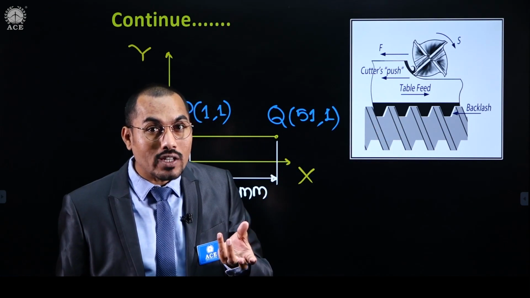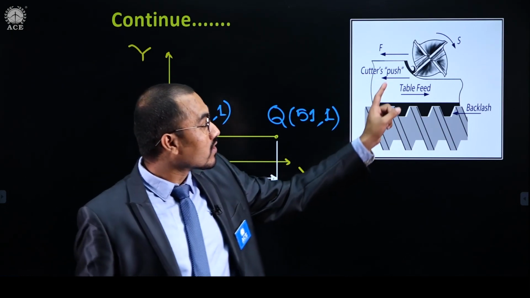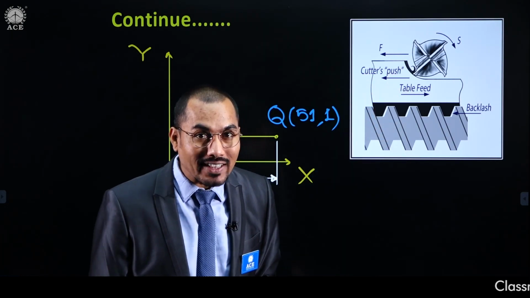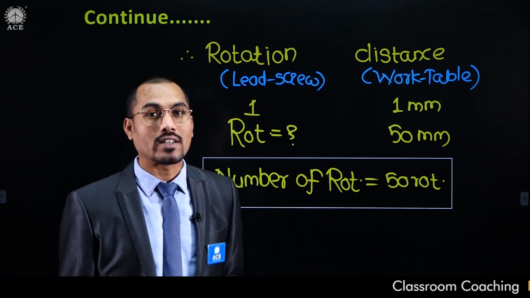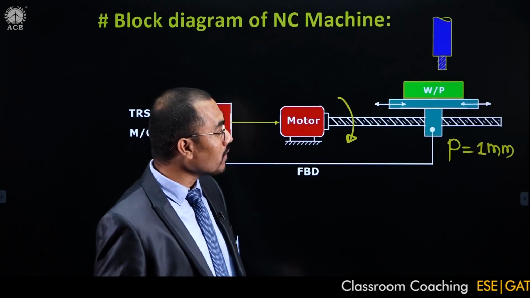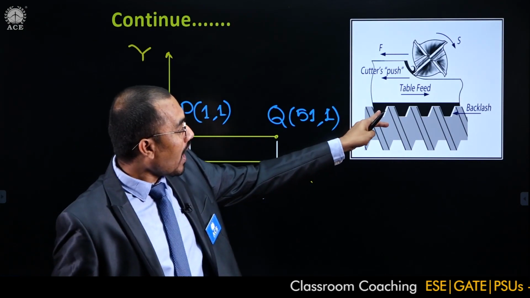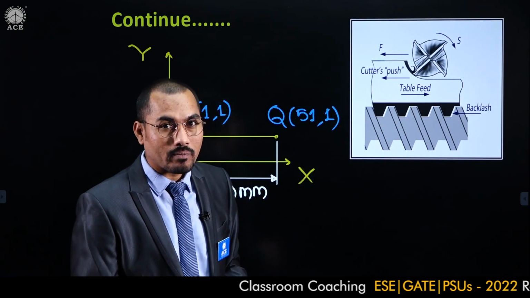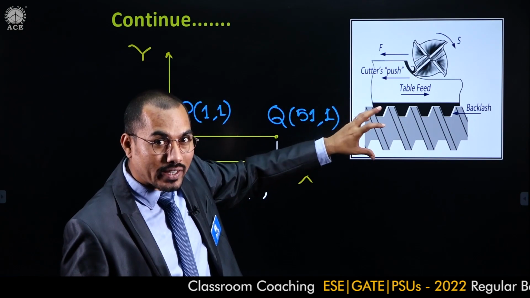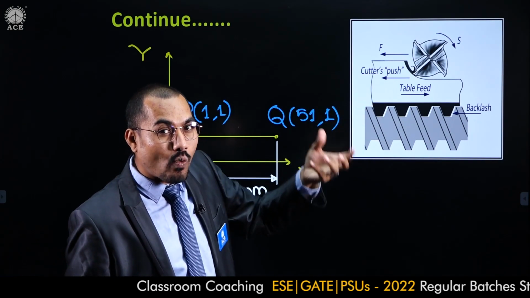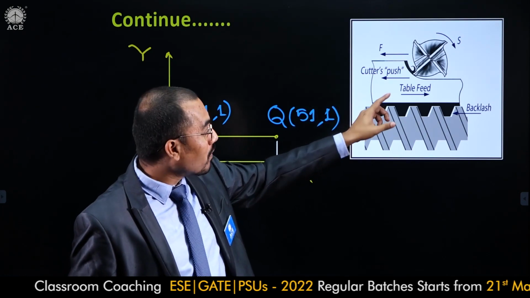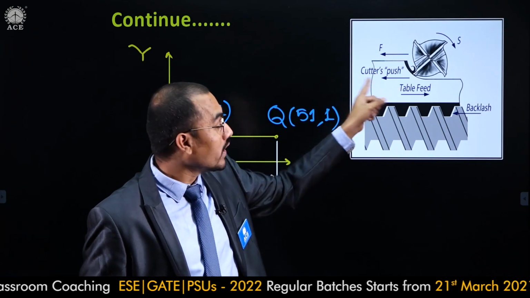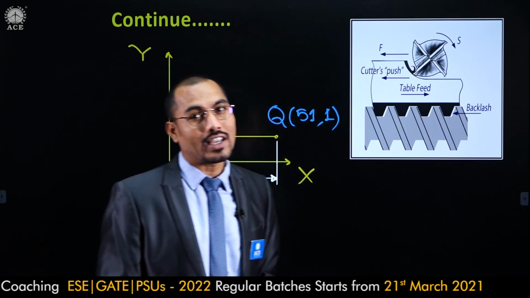Because of the gap, the actual distance traveled by the work table, instead of 1 millimeter in one rotation, will be less than that. As you can see, the gap is present, and whenever the lead screw starts rotating, 1.8 degrees of rotation is not converted into linear motion of the nut or work table.